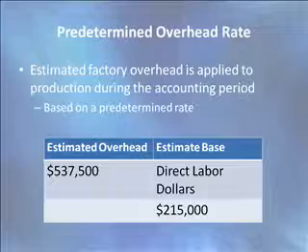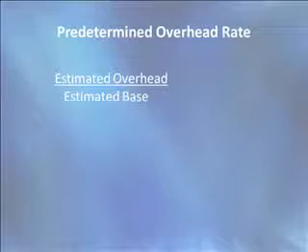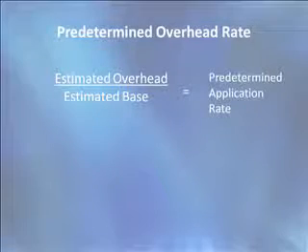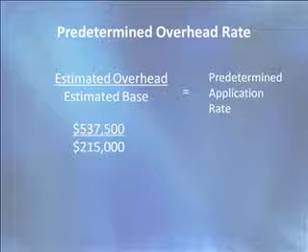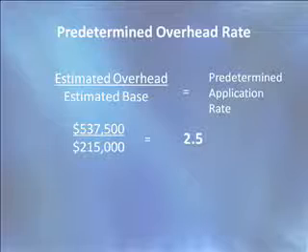The estimated base, direct labor dollars, estimated to be 215,000. Take the estimated overhead, divide it by the estimated base, and that equals the predetermined application rate. We take our numbers from the previous slide. That divides to give us 2.5.